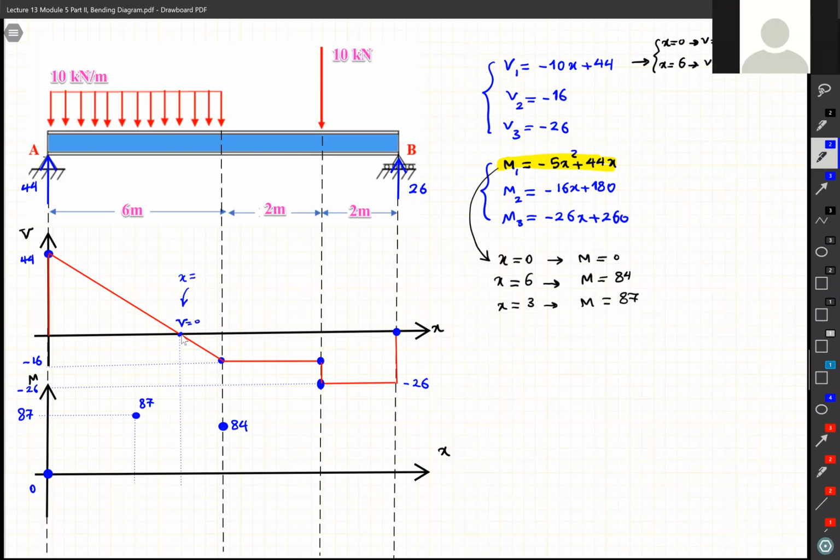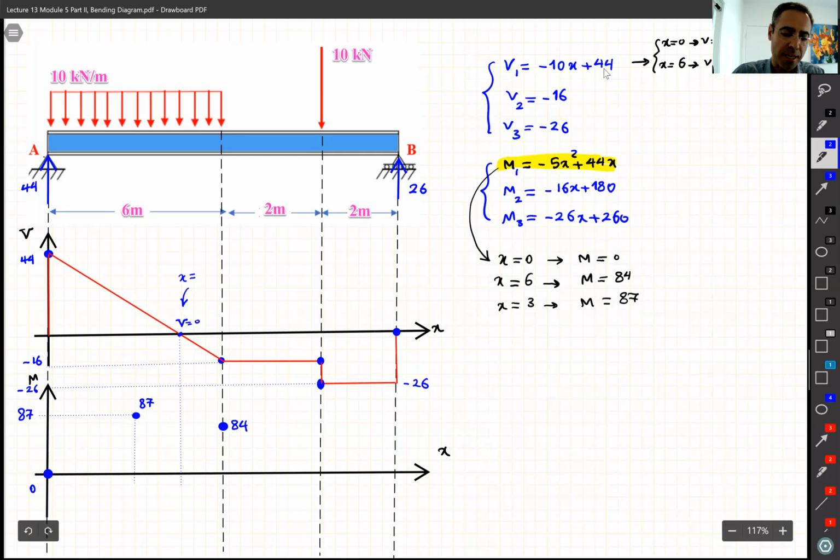Would be 4.4. How did you find it, Uma? I used the equation for V1 and solved it for when it's equal to 0. Yeah, that's correct. So as Uma said, because we know the equation for this line, it is minus 10x plus 44, right? If I set V1 equal to 0, meaning minus 10x plus 44 equals 0, it gives me x equal to 4.4.